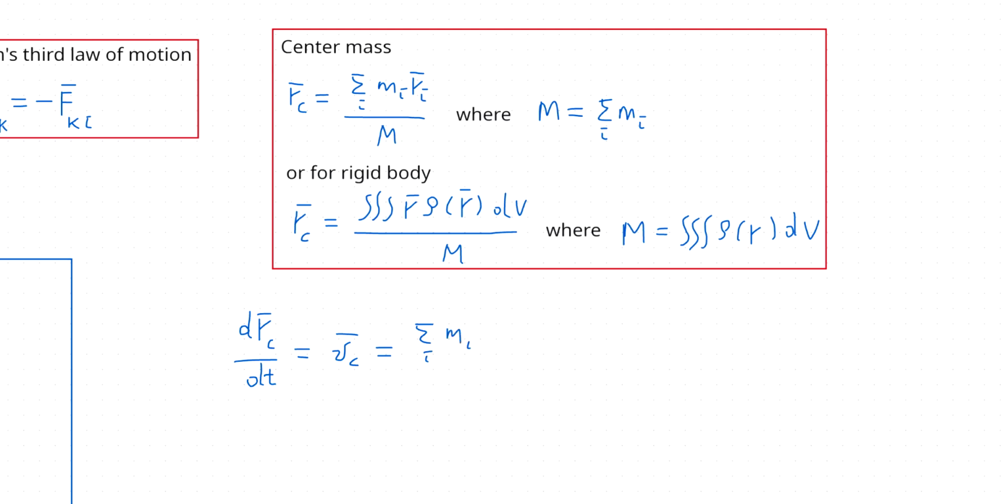The derivative of the radius vector is velocity. So we will get the sum of m_i multiplied by v_i divided by m.